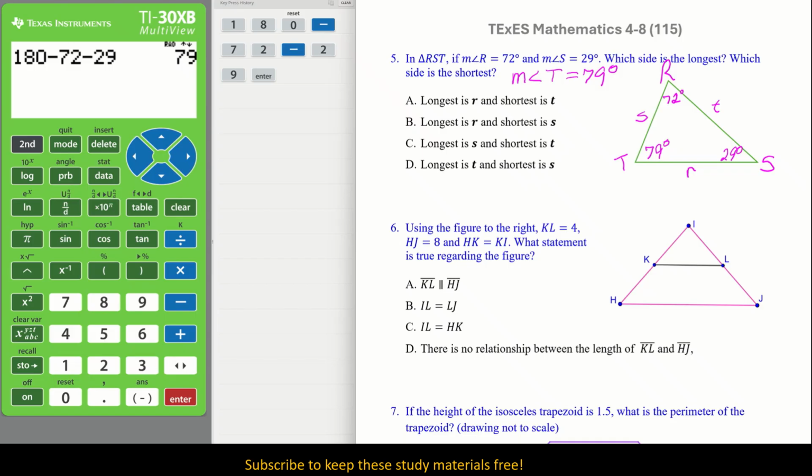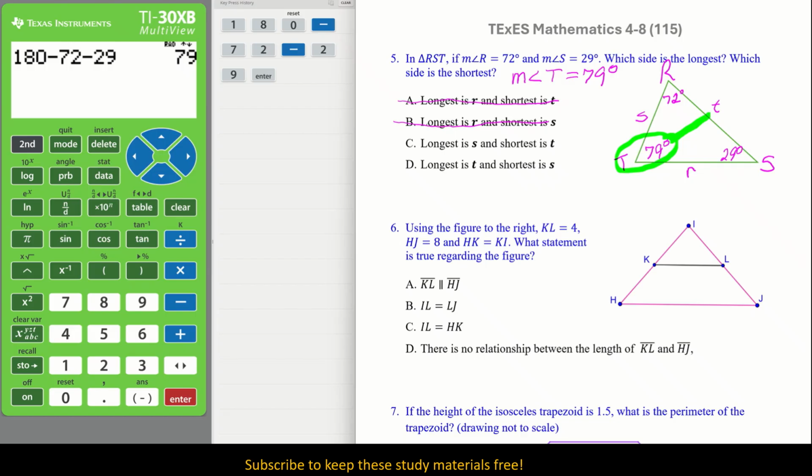So the thing is, R is neither the longest nor the shortest. So anything with R can be marked out. That gets rid of A and B. So then we have C and D. Well, the longest is T because it is across. You look at the largest value of an angle, you go straight across, and that would always be the longest side. So that's T. So T is longest.